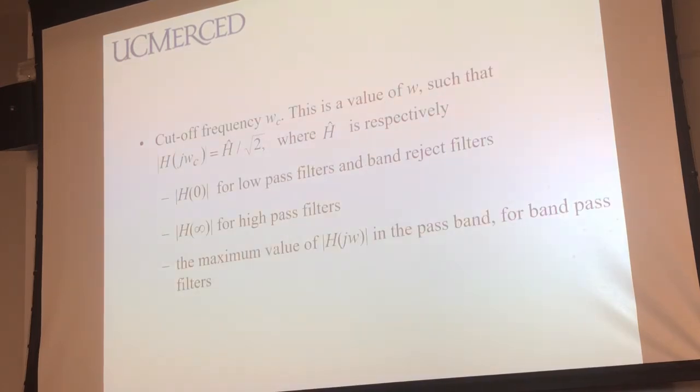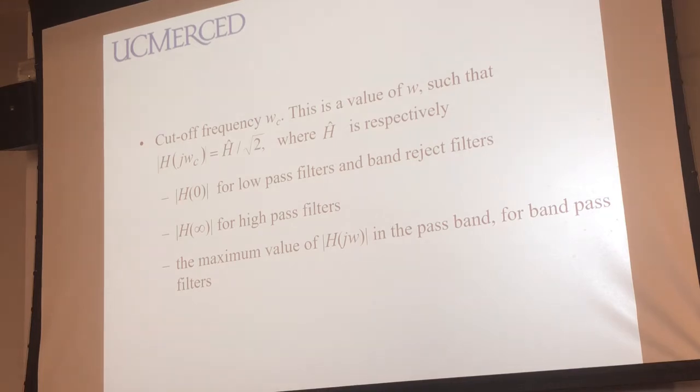So the cutoff, when I say I'm going to cut off at some point, it is because the power of the signal was reduced by 50%. Well, power is the square of the amplitude. So the amplitude actually is square root of 2.